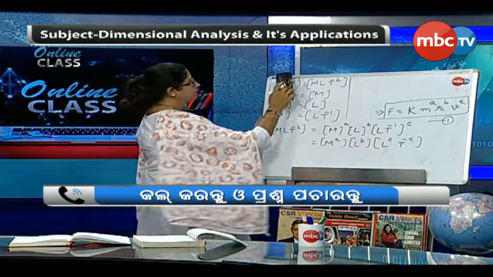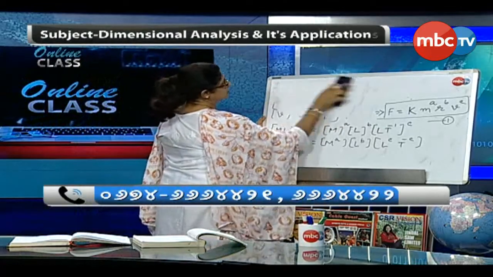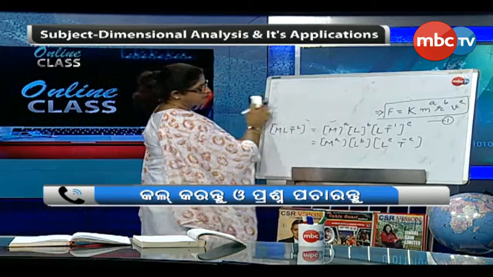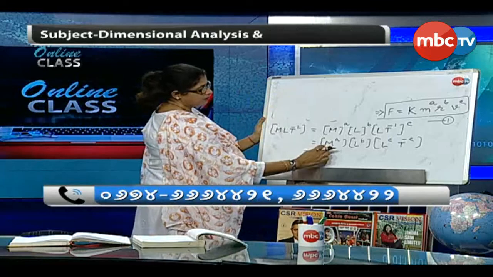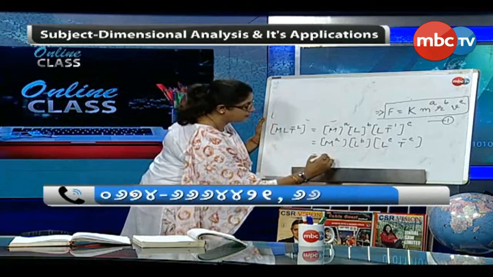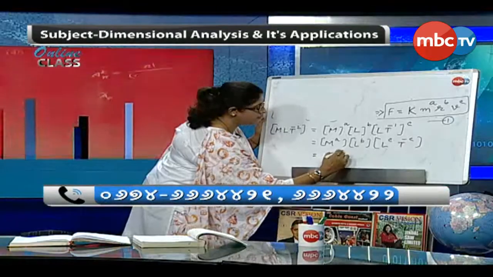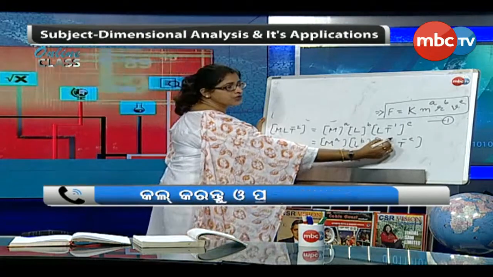Now, finally, you have to write it in MLT form. I am writing it here: M raised to a, L raised to b, L raised to c.